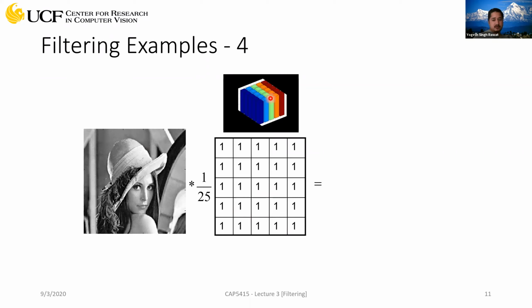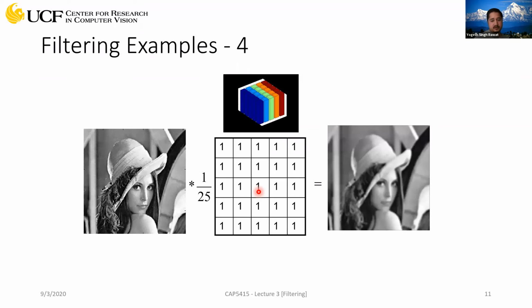It's much bigger. The difference is that you are looking at a bigger neighborhood, so it will produce even more blur than what you got from 3x3. It's even more blurry because you are looking beyond that single column or single row. You are going up to 2 next pixels.